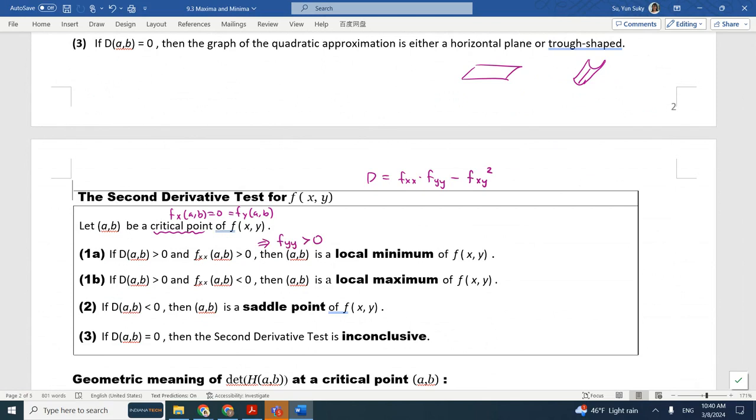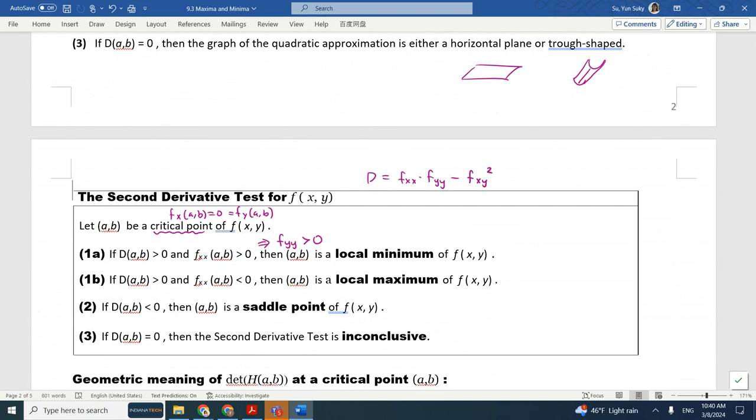Your first term must be positive because your second term is positive. You subtract some positive thing and you get a positive, so your first term must also be positive, and it's a bigger positive number than the second term. And if fxx is positive, your fyy must be positive. Is that okay, everybody?